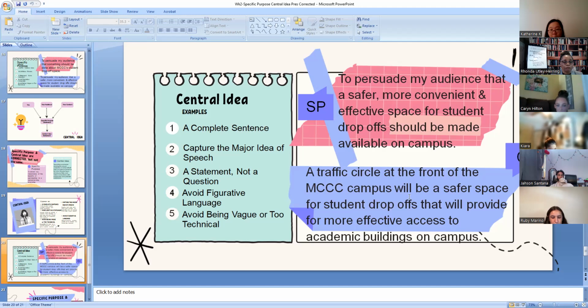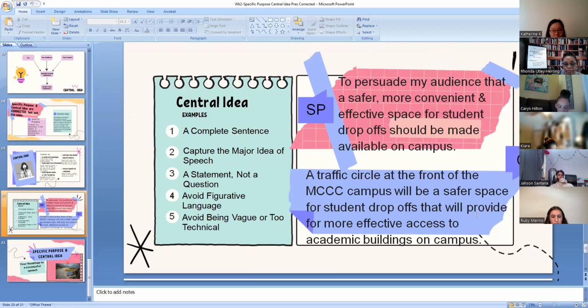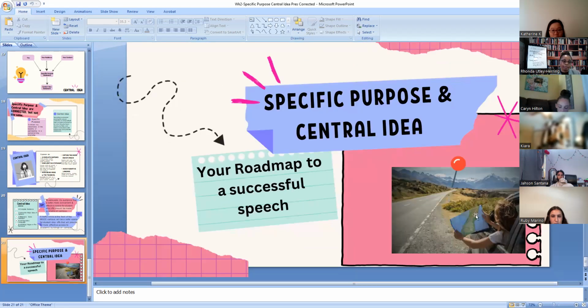The central idea might be a traffic circle at the front of the Mercer County campus will be a safer space for student drop-offs that will provide for more effective access to academic buildings on campus. They go hand in hand, they're not the same.